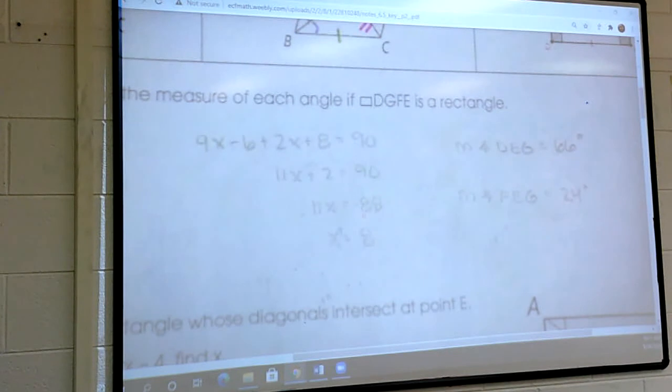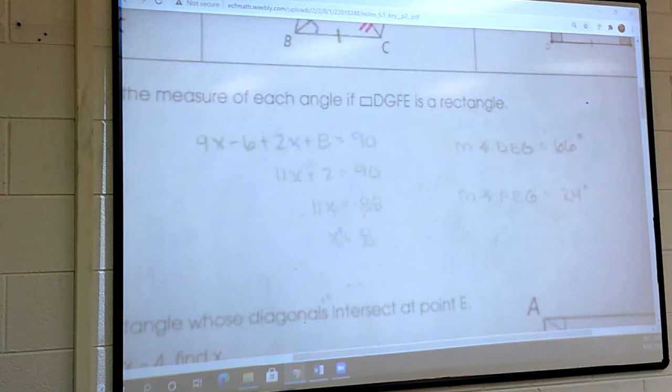That's how they come up with the 66. Then if I plug 8 into that bottom one, 2 times 8 plus 8 is going to give me 24, because 2 times 8 is 16, and then plus 8 is 24.